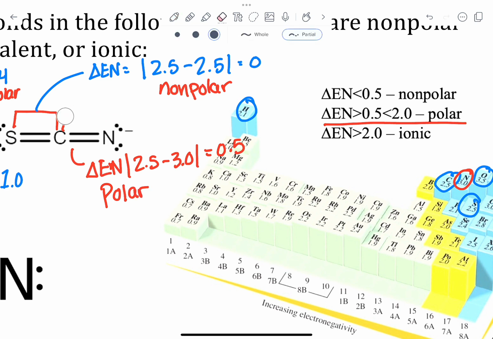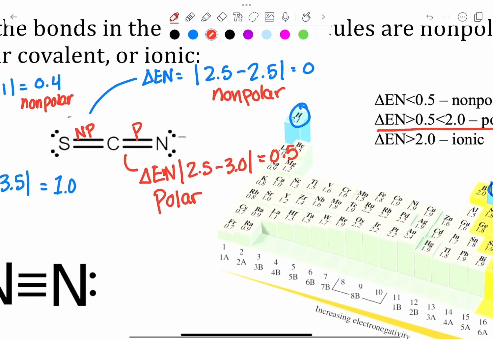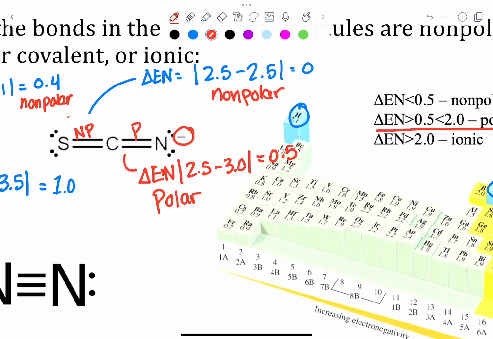So in this molecule, we have a nonpolar bond and a polar bond. We even see this in the structure. The structure even has a negative on the nitrogen because that nitrogen is pulling all of those electrons to it through its polar bond, meaning that negative charge sits more on the nitrogen than it does any other atom.